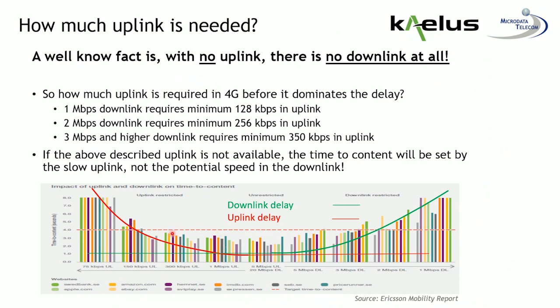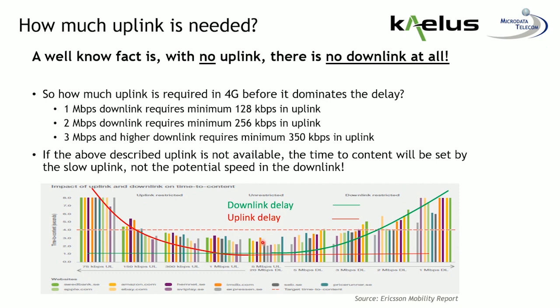Stepping down to 300 kilobits, now we see how most of the applications are moving closer to the 4-second line, but they're still on the right side of it. So 300 kilobits can here obviously be seen as fast enough to support most of the speeds in downlink.